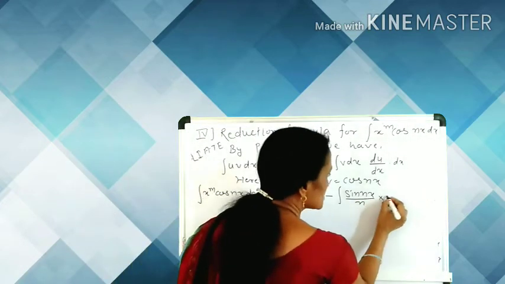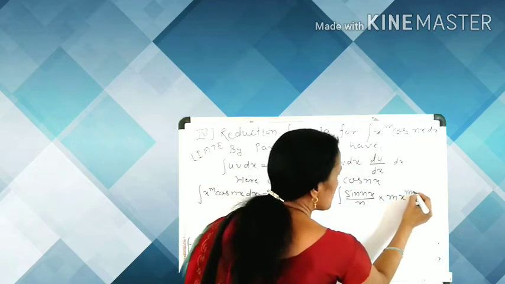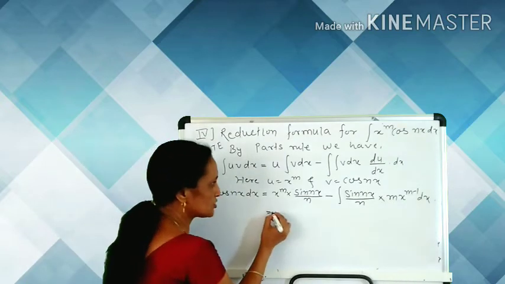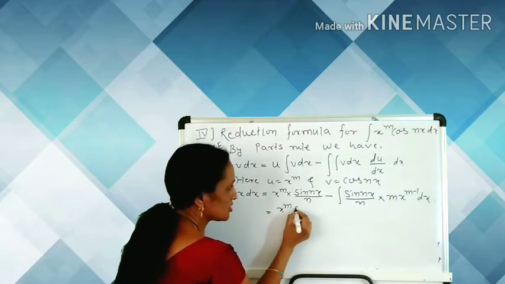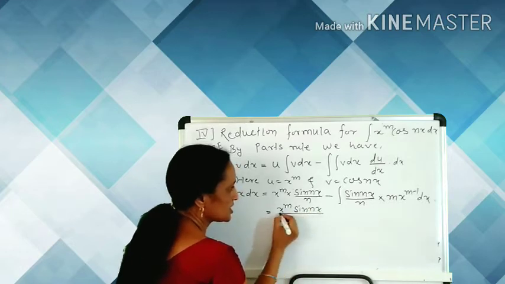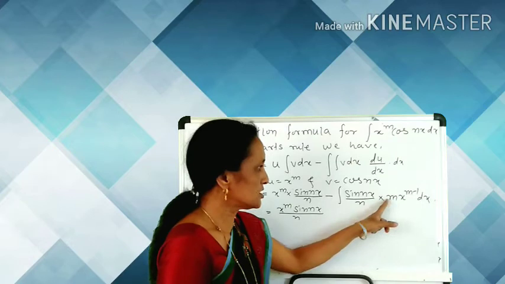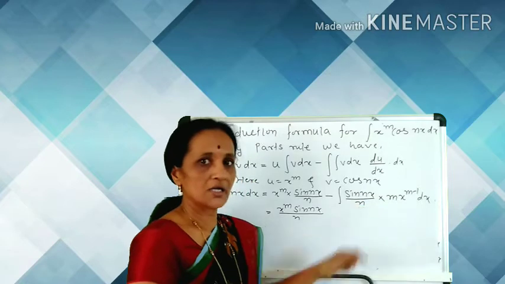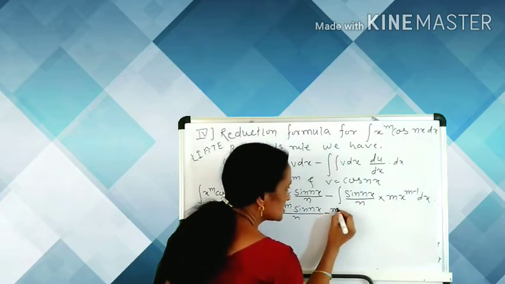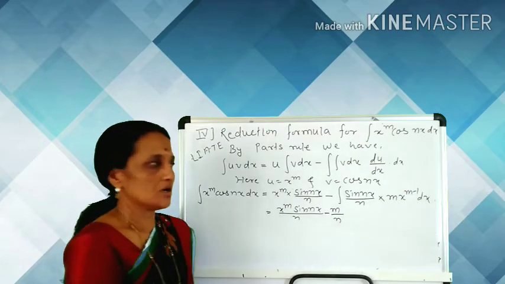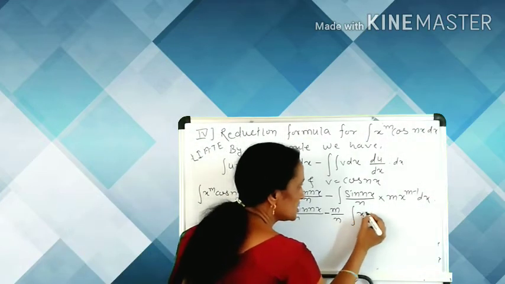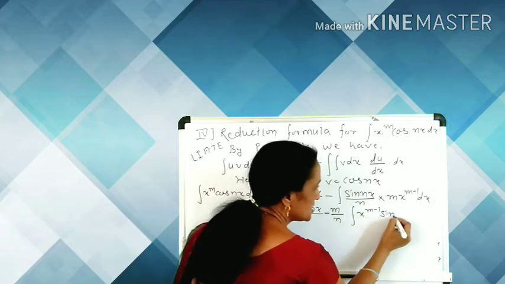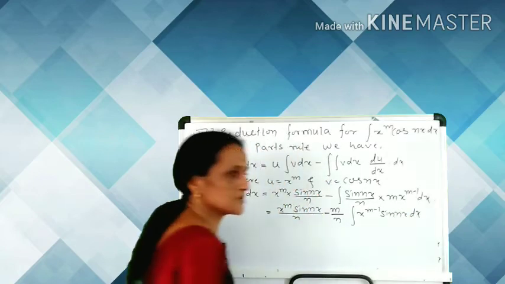The first function is x raised to the m, so its derivative is m x raised to the power m minus 1, multiplied by dx. Now this is equal to the first term, x raised to the m sin nx divided by n, and we take the constant outside the integration. In this case the constant is m divided by n, so we have m divided by n into the integration of x raised to the power m minus 1 multiplied by sin nx dx.